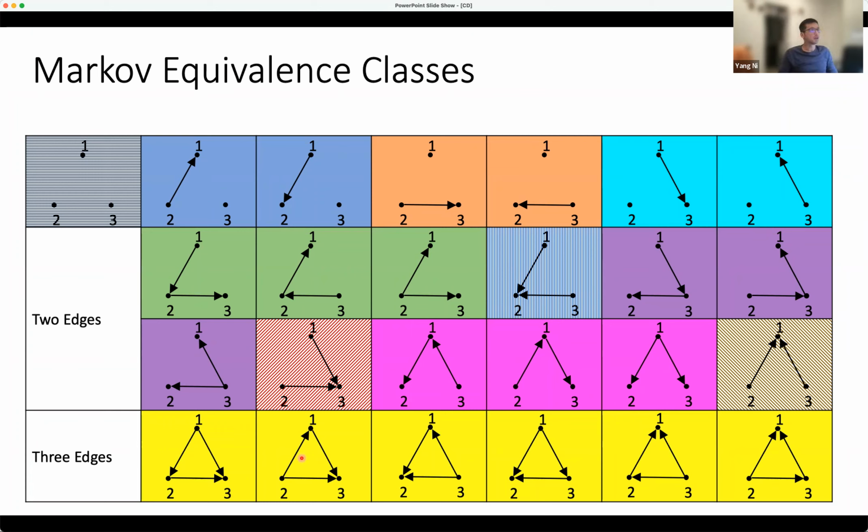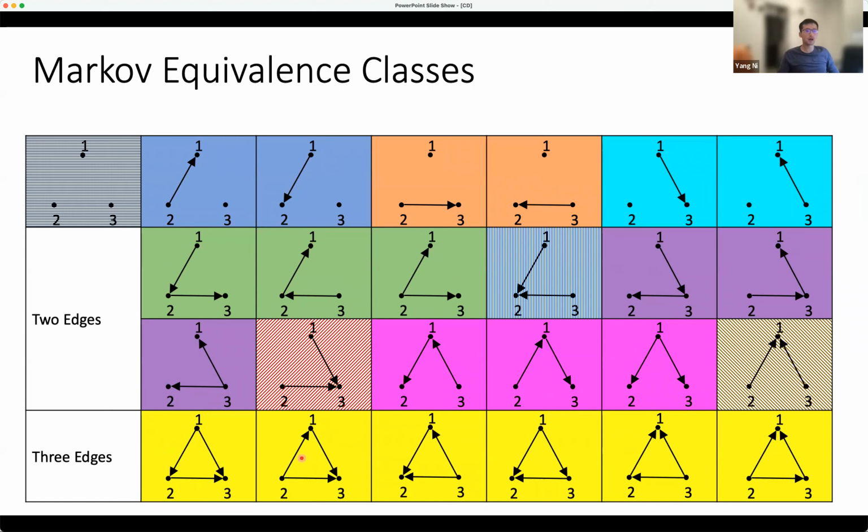So the focus of this talk is to introduce a few methods that allow you to always reduce your equivalent class size to 1. In other words, you can uniquely identify the causal graph no matter which equivalent class it belongs to. That's the goal of this talk.